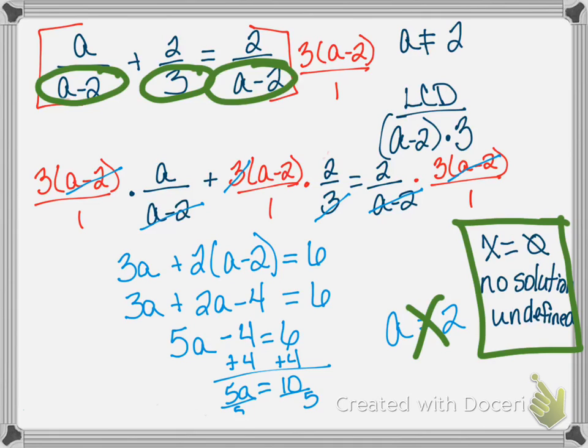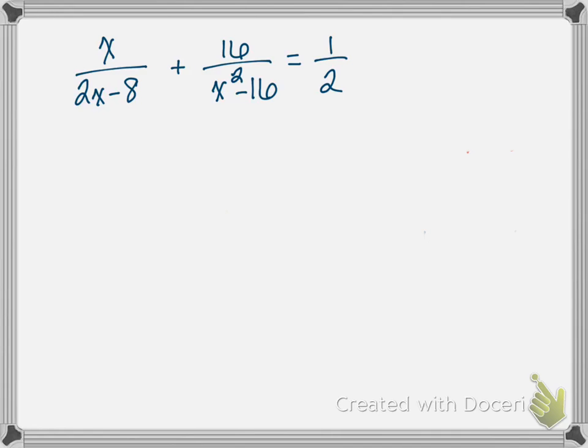Can I go to the next screen? Okay. This one's getting a little bit more complex. I have x over 2x minus 8 plus 16 over x squared minus 16 equals 1/2. Okay.